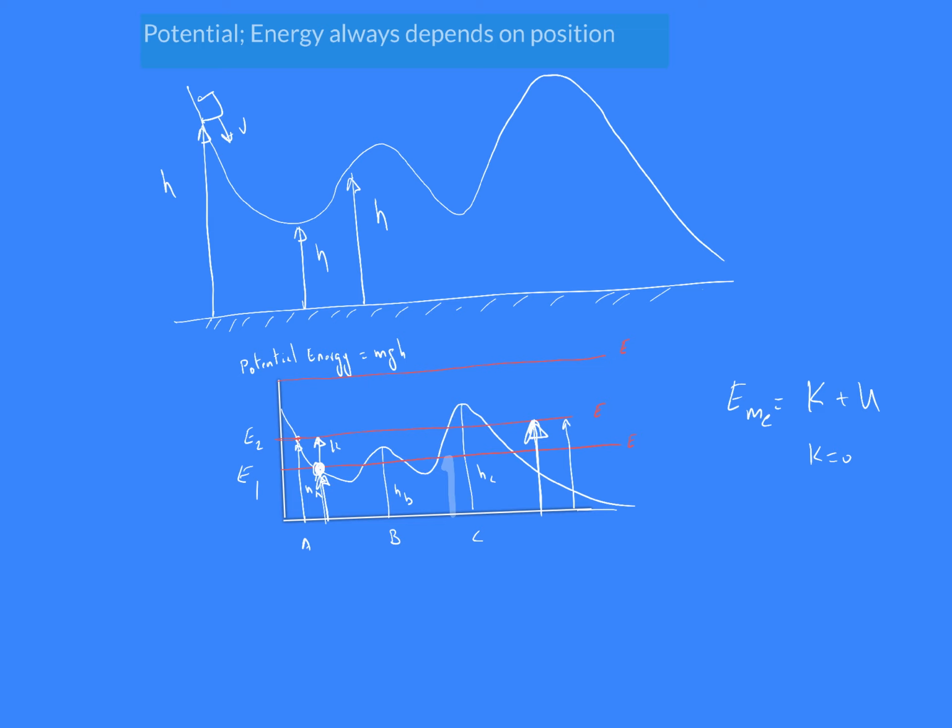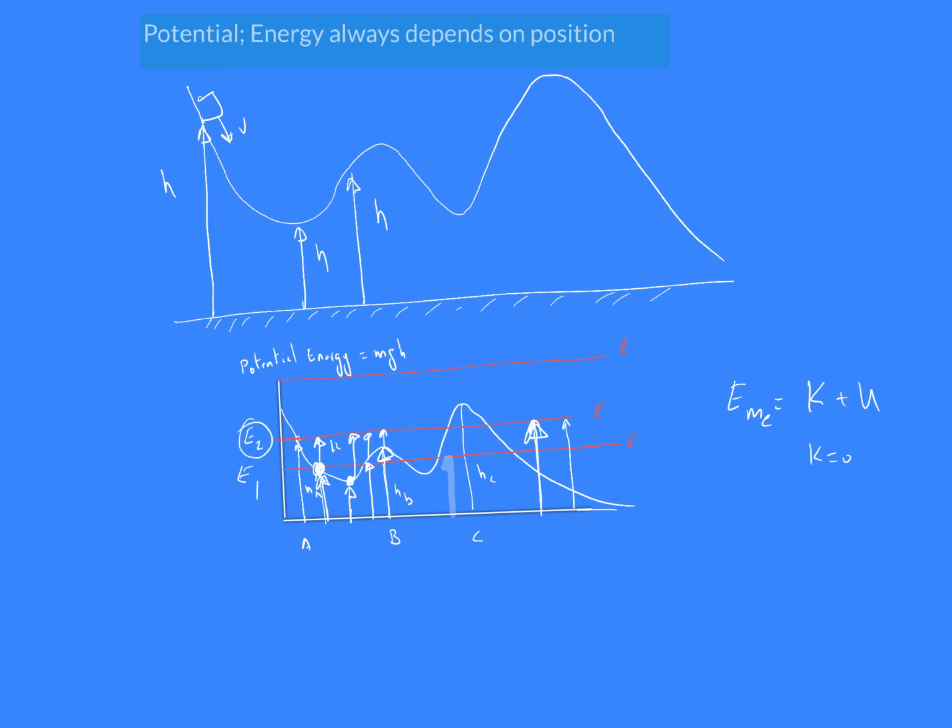Because as it moves, the potential energy decreases and the kinetic energy increases. Now, the potential energy increases and the kinetic energy decreases.